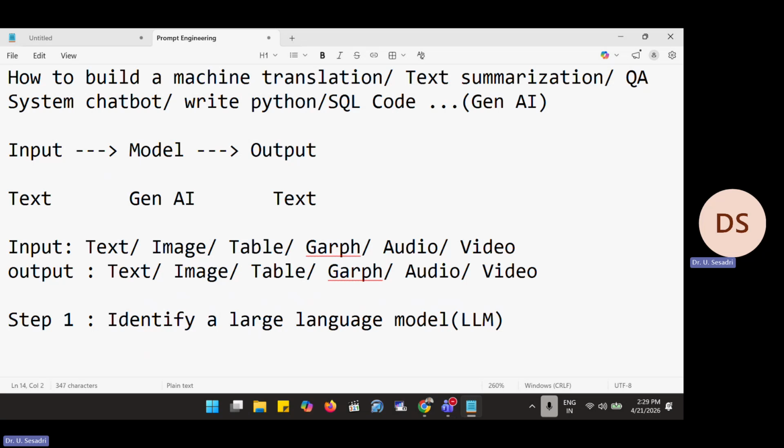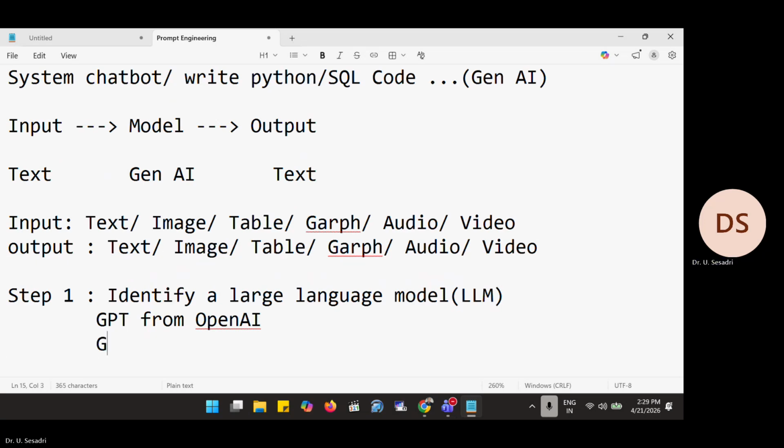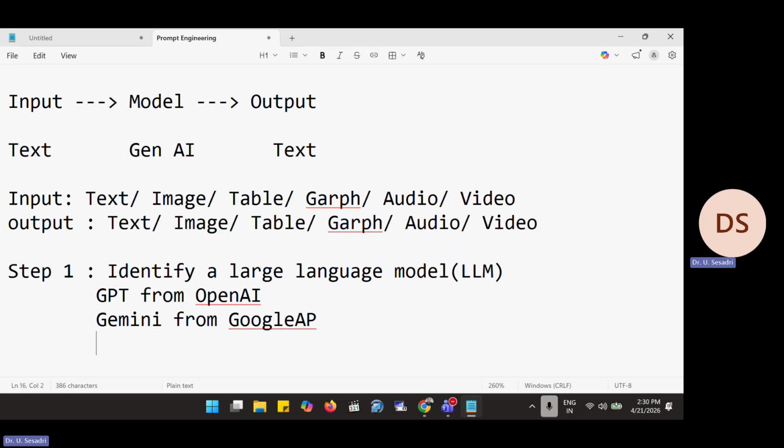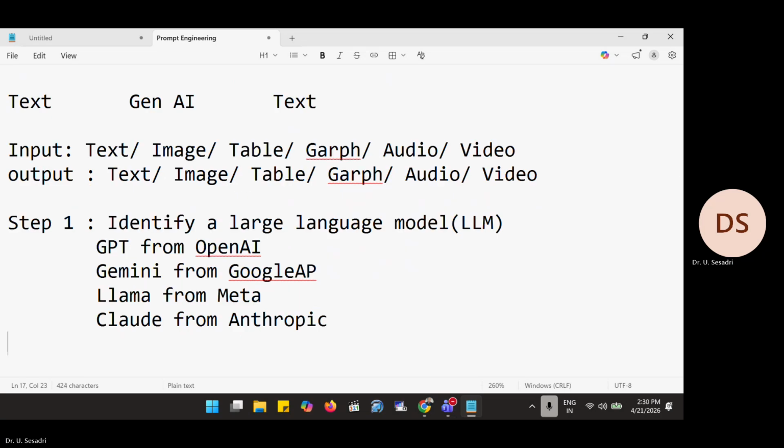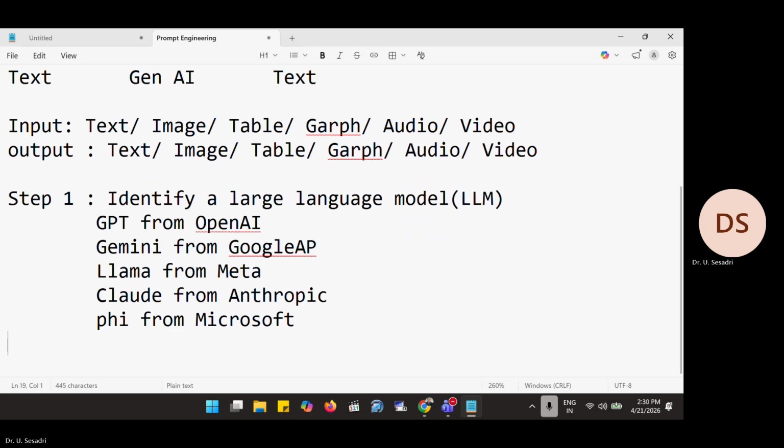You may choose GPT from OpenAI, Gemini from Google AI, Llama from Meta, Claude from Anthropic, or Phi from Microsoft. We have to use it.